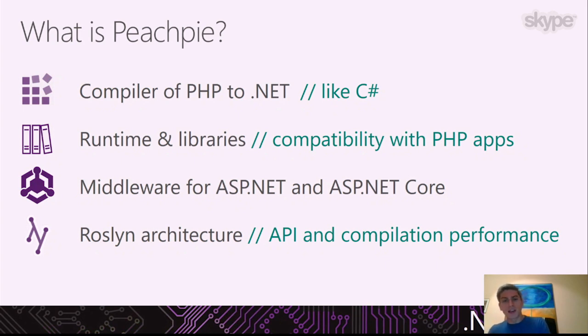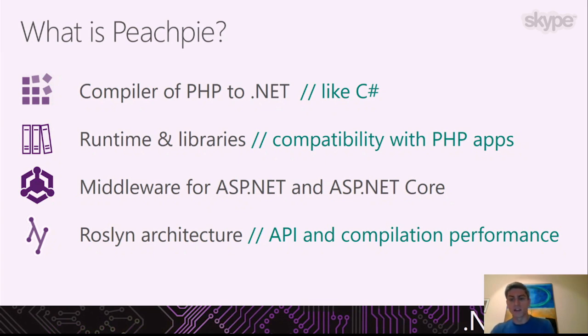And it's compatible with ASP.NET and ASP.NET Core, so it runs on Azure, IIS, and all the web servers. It runs on Linux and Mac, because it's cross-platform and managed code. And it's based on the Roslyn architecture. So if you know Roslyn and if you like its API, you can use the same API to interact with the compilation process of the PHP language.